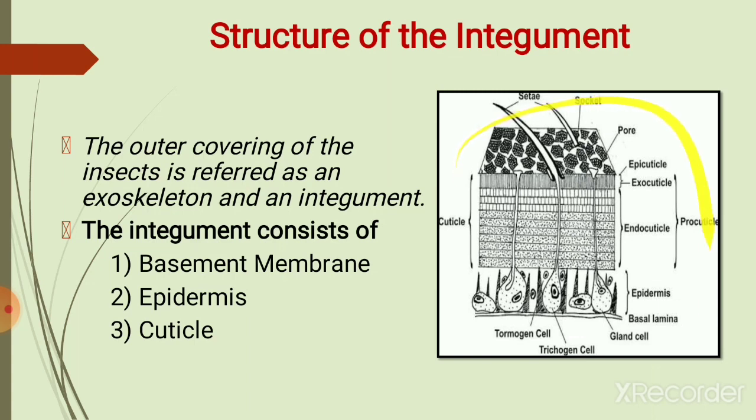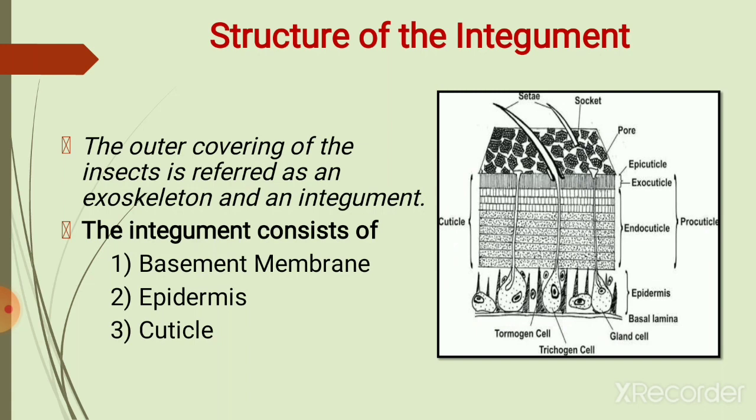In this diagram, we clearly see that the cuticle is the outermost layer of the integument. Epidermis is the middle layer. It is also known as hypodermis. It is present just below the cuticle.